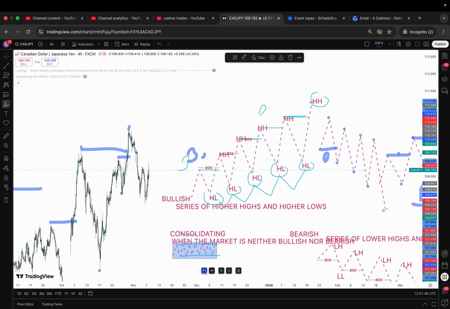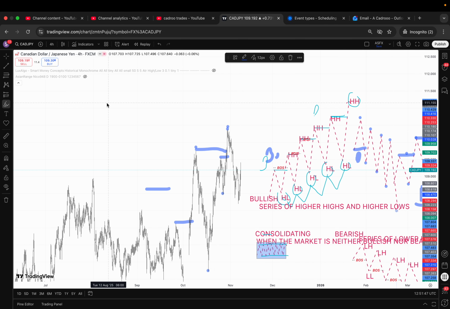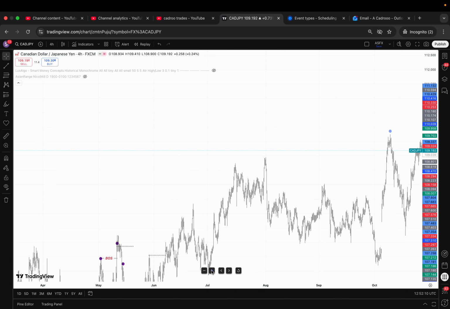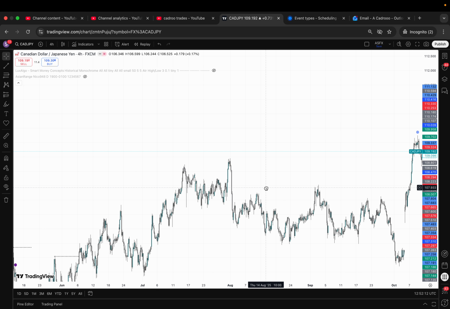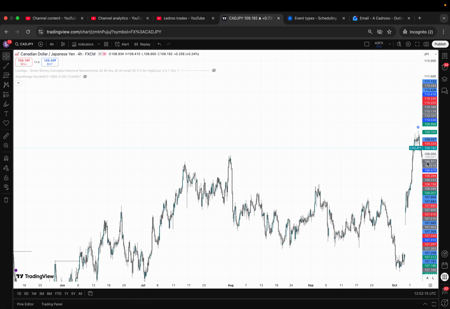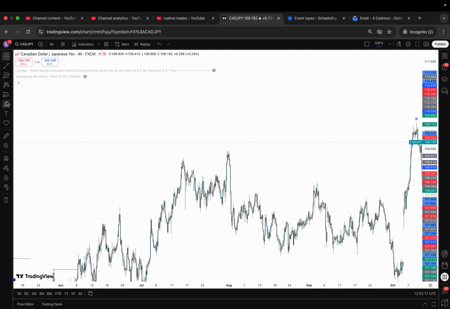So let me come here and show you guys some chart examples. Let me just quickly clear all those drawings out. So here we can see that price broke below this previous high.